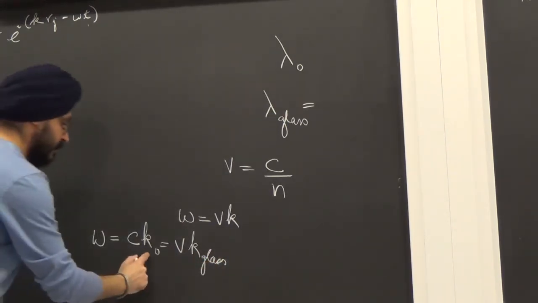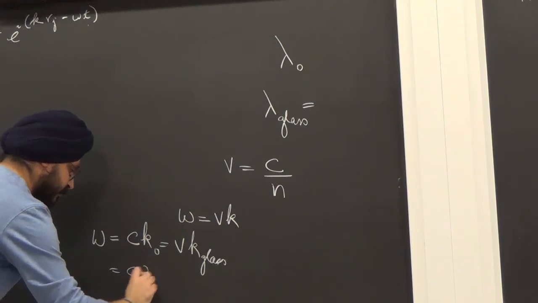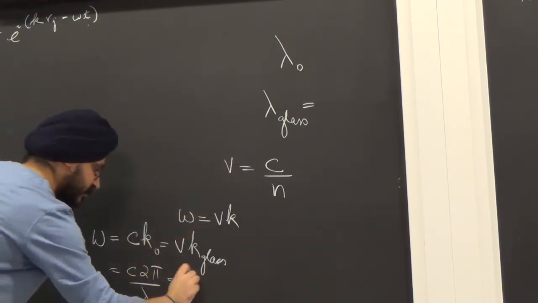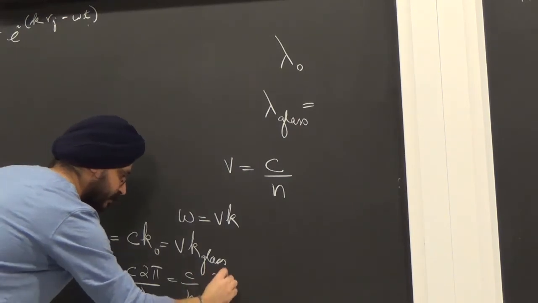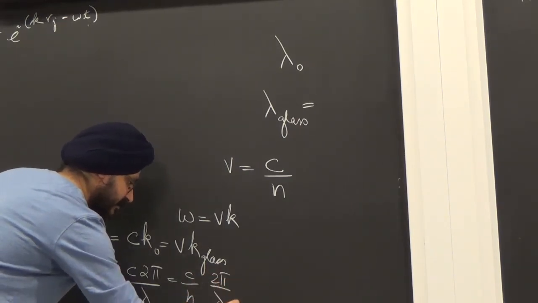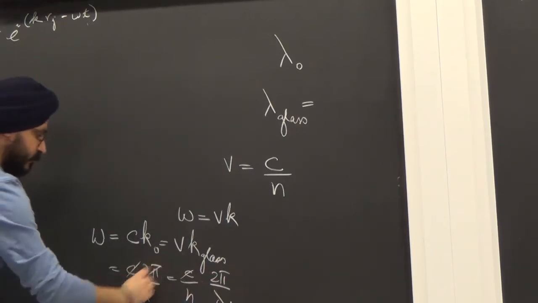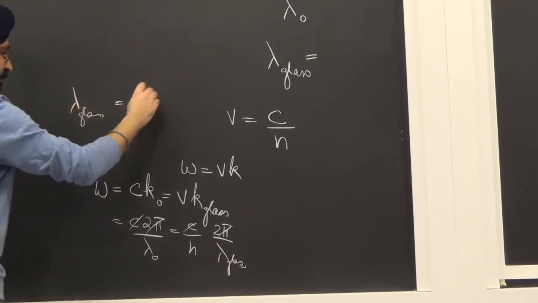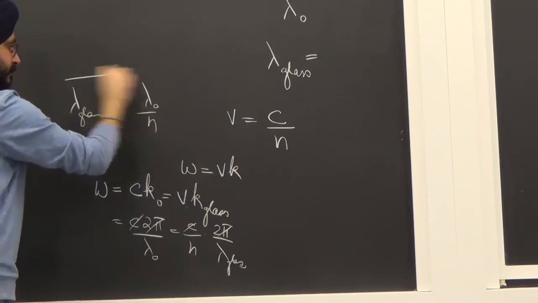Okay? And this is c times 2 pi over lambda naught. v is c over n, and k glass is 2 pi over lambda glass. The c's cancel off, the 2 pi's cancel off, you have lambda glass equals lambda naught over n.